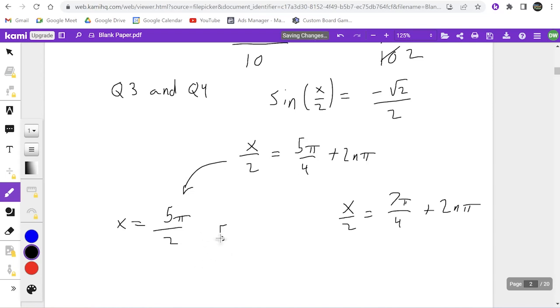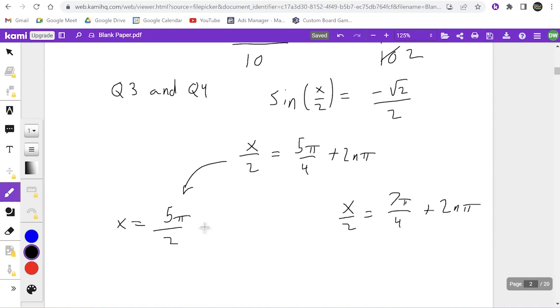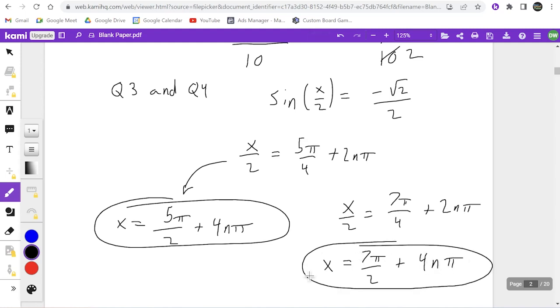Because 5 pi over 4 times 2 leaves you with a 2 in the denominator, so that makes sense. And then plus 2n pi becomes plus 4n pi. So there's one answer. And the other answer, same idea, multiply everything by 2. x is going to be 7 pi over 2 plus 4n pi. And there we go, there's our solutions.